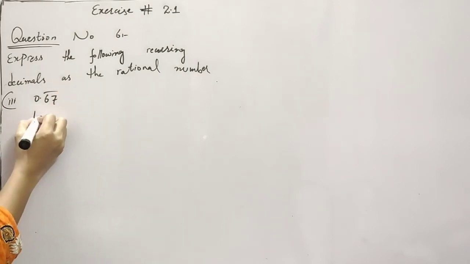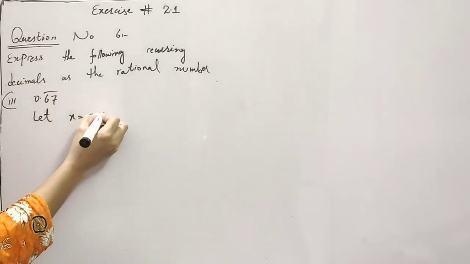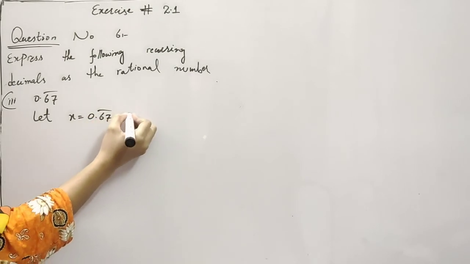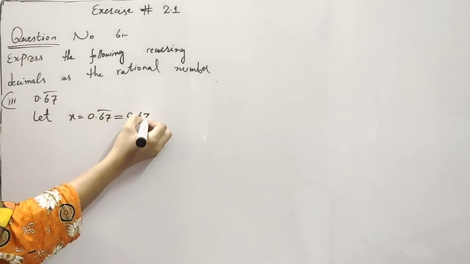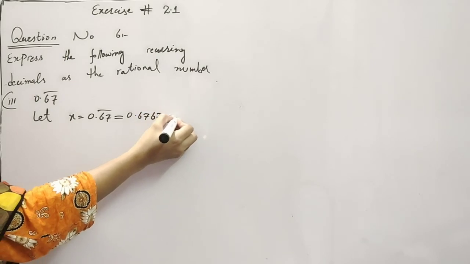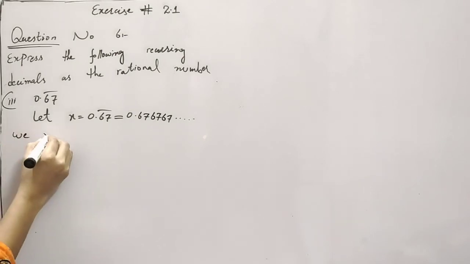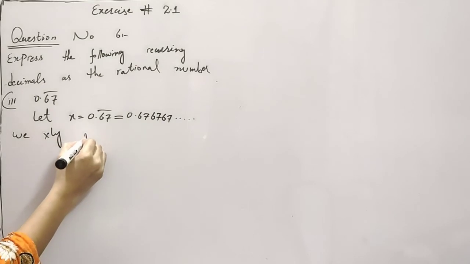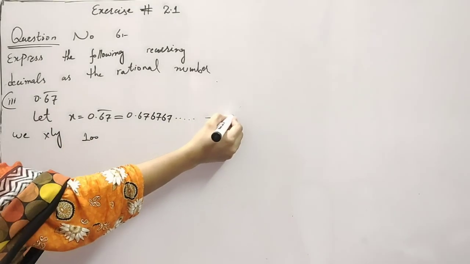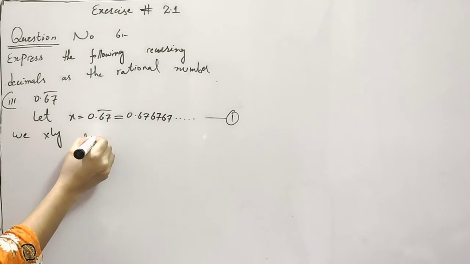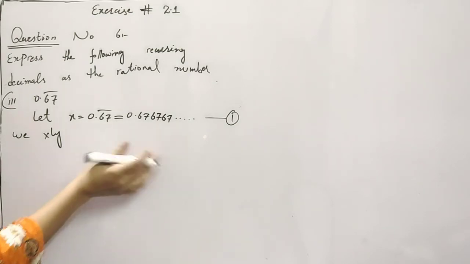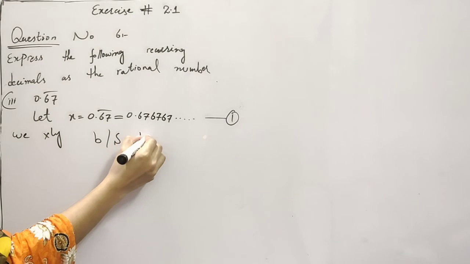0.67 recurring. Let x equal 0.67 recurring decimal, and it is equal to 0.676767 and so on. Since the two digit block 67 is repeating itself indefinitely, call this equation number 1, we multiply both sides by 100.